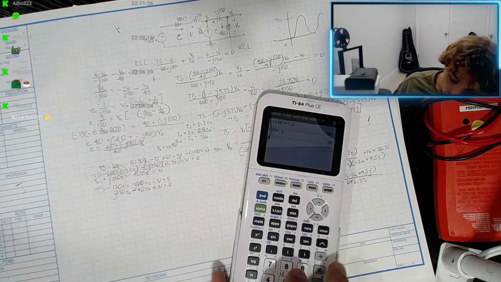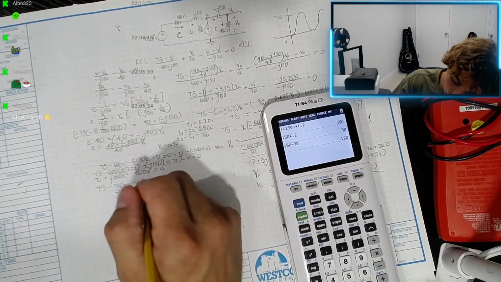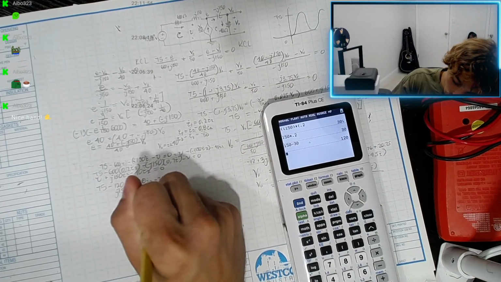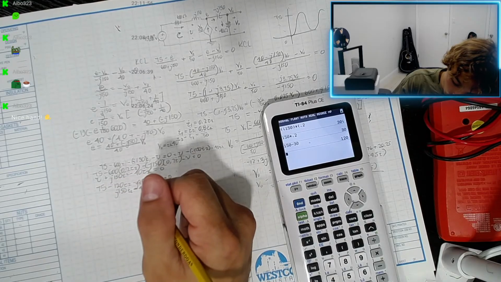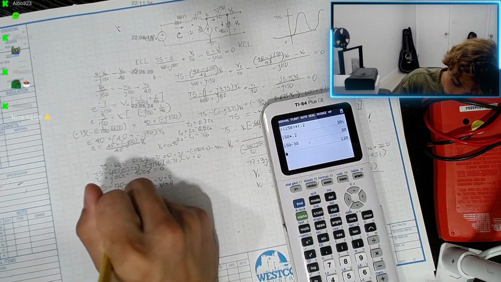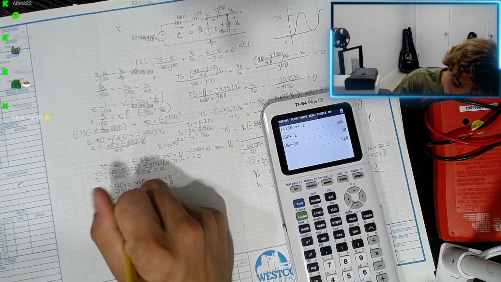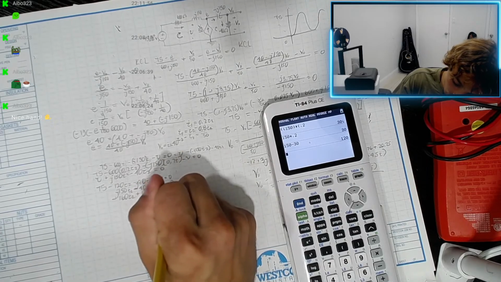So 150 minus 30 is 120, 120j, negative 40, negative 120, negative 160 I2 equals negative 75.